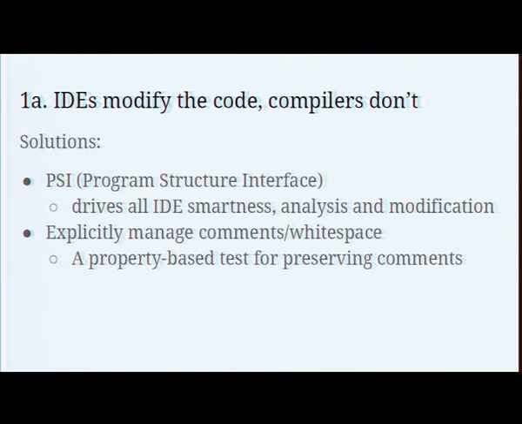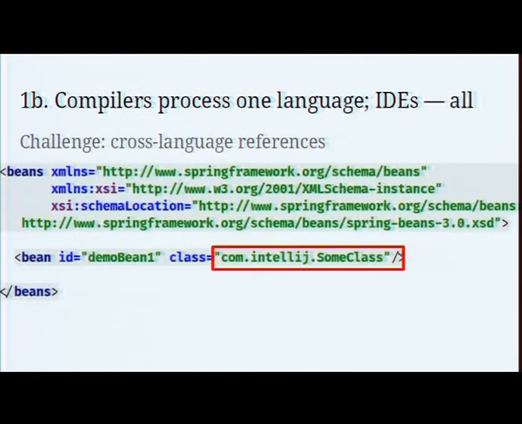So, the next challenge is cross-language references. A compiler usually handles just one language, be it Java or Scala or C#, whatever. But user projects normally contain files in different languages.